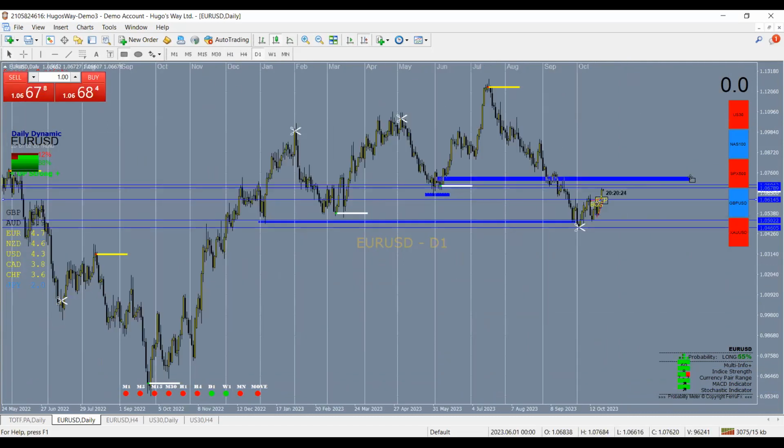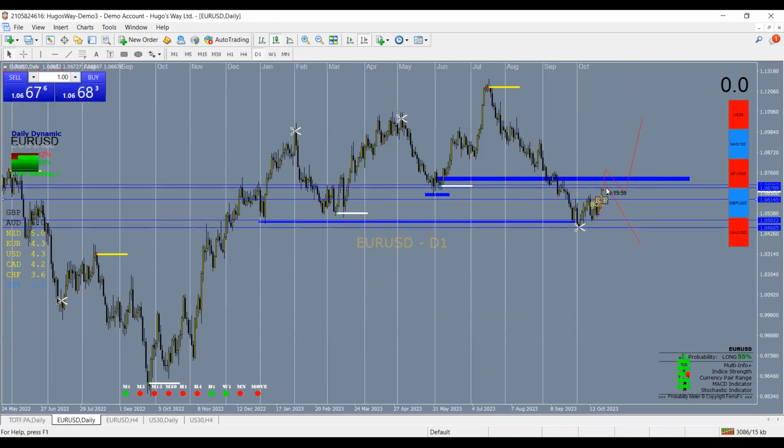We got to break all of this. We need to break above into this zone to be bullish. So we're still bearish until we break above this. This is just a pullback because we could be retesting this area to go lower, or we could be moving up to stay within this zone to go higher, right? We really don't know yet. Do you see what I'm saying?